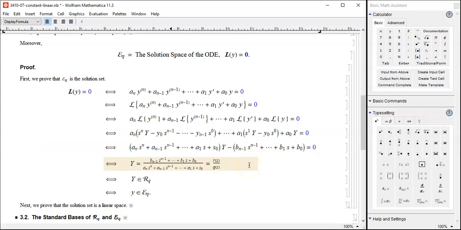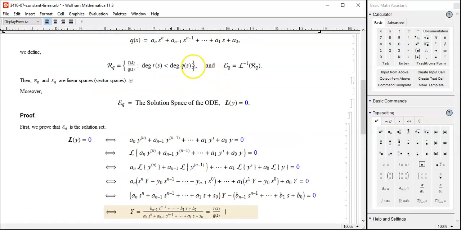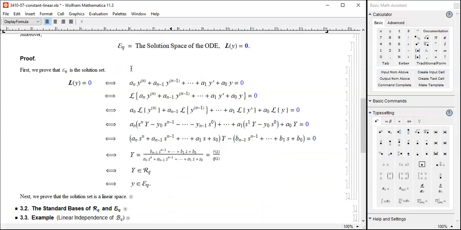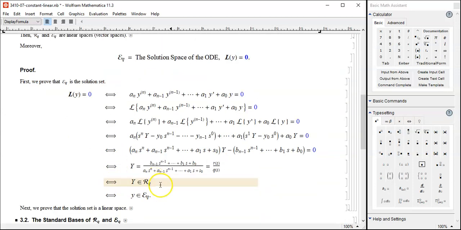Capital Y is R over Q, where R of S is a polynomial of degree at most n minus 1, and Q, the denominator, is a polynomial of degree n. So is this proper? Yes, it belongs to this. So this capital Y belongs to capital RQ.